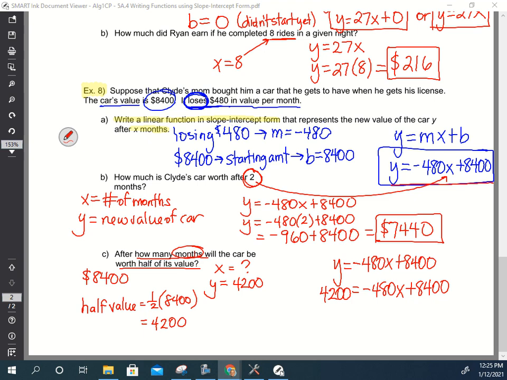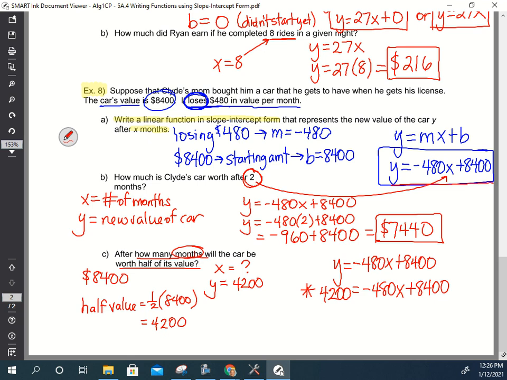So I see Luke said 9 months, Kavion said 9 months. So we're going to check to see how close they are. Because we don't want to estimate, we want to get it right. So here's the equation we have to solve. What do we do first? We've got to get x by itself.